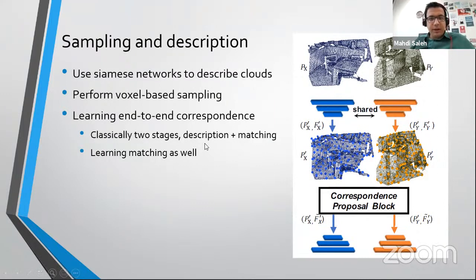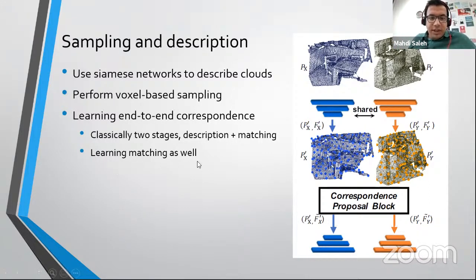In classical networks, you have a descriptor, which can be handcrafted or learned, and then you find the matches in descriptor space. You have some distance, which can be a Euclidean distance or, for example, a cosine distance, and you find your correspondences like that, and then you do, for example, your pose estimation.